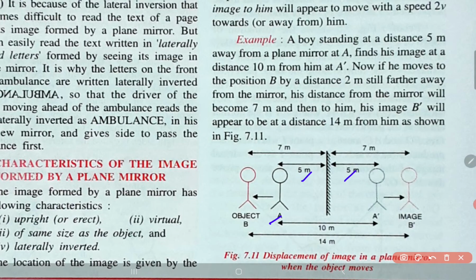Now if he moves to the position B, suppose he goes back, now he is at 7 meter away from the mirror because he moved 2 meter right back. So still further away from the mirror, his distance from the mirror will become 7 meter. Then to him the image B dash will appear to be at a distance of 14 meter because this 7 plus 7 shall give me 14.